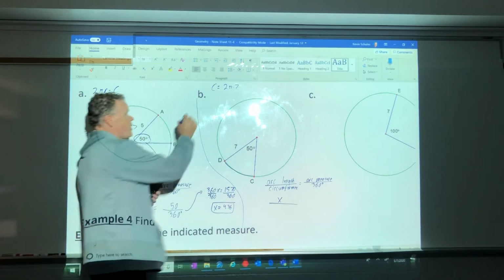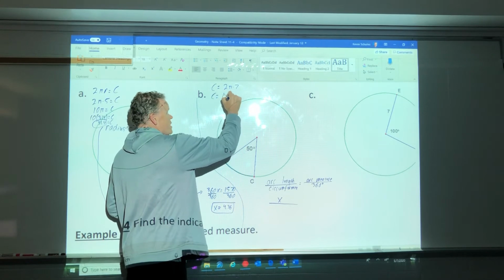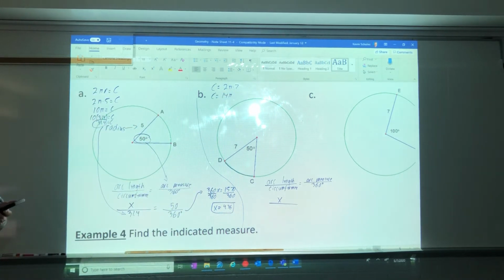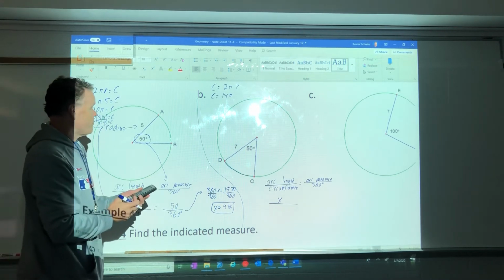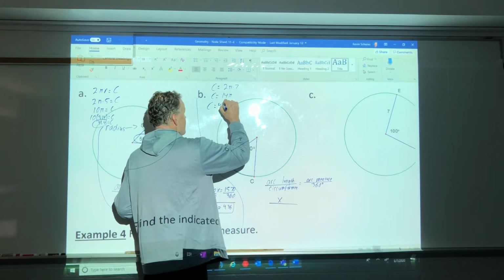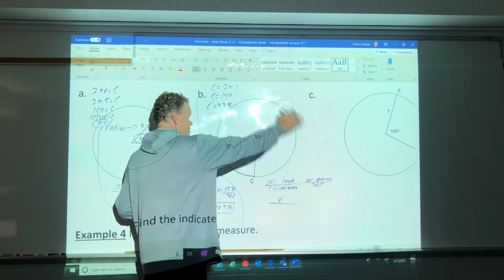So our circumference is going to equal 14 pi, or 14 times 3.14. And that's going to give us a circumference of 43.96. That's the entire distance around.